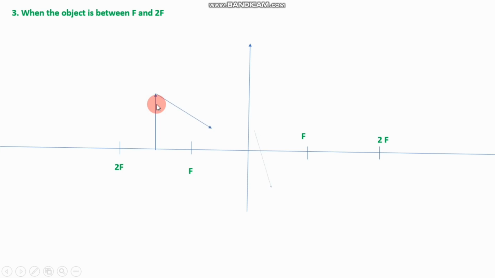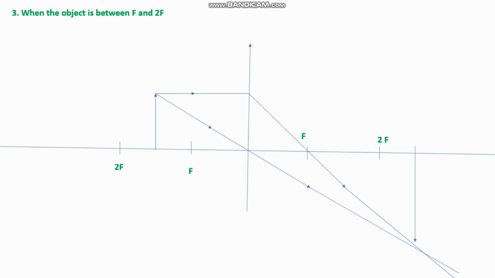The one is passing through the optical center, and we said it passes undeviated. The other one is parallel to the principal axis, and we say this one is refracted and passes through the principal focus. Where they meet is the tip of the image, and as you can see, our image is very large.